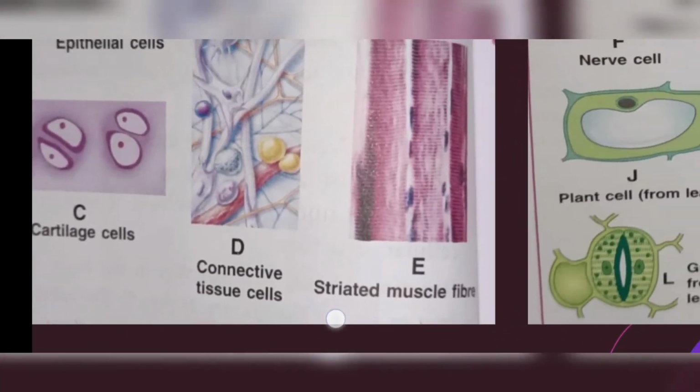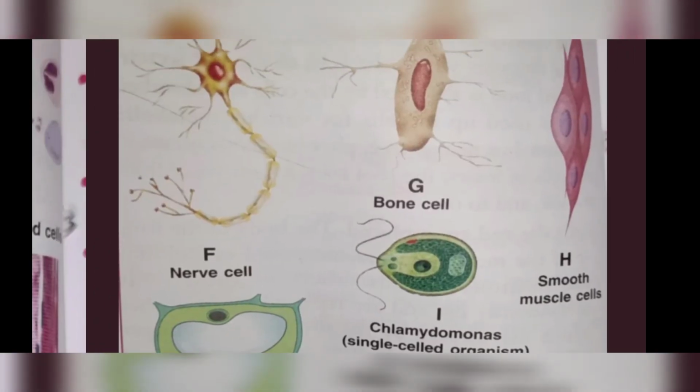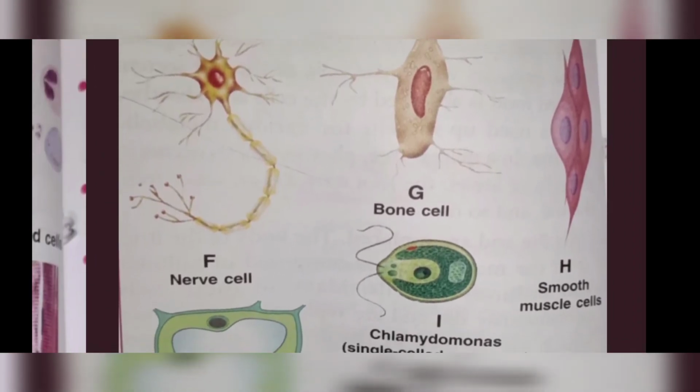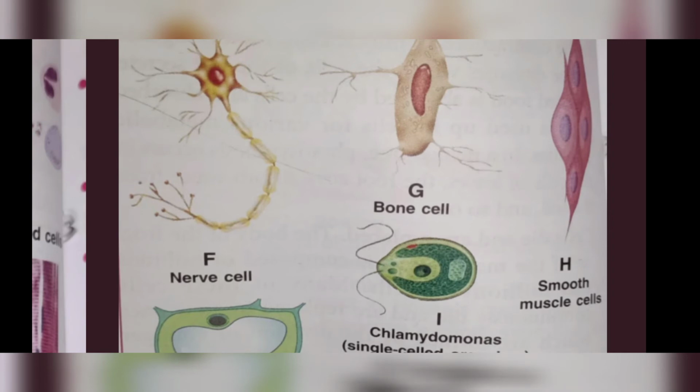Now smooth muscle cells. We studied striated muscle fibers, which are also muscle cells, but what are smooth muscle cells? Smooth muscle cells are present in our stomach, in our intestine, in our throat. Once we eat food, we do not do any action to take it inside our stomach.